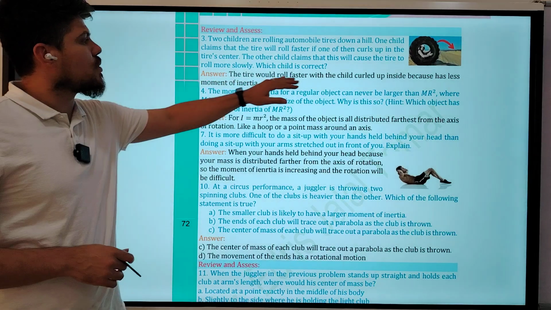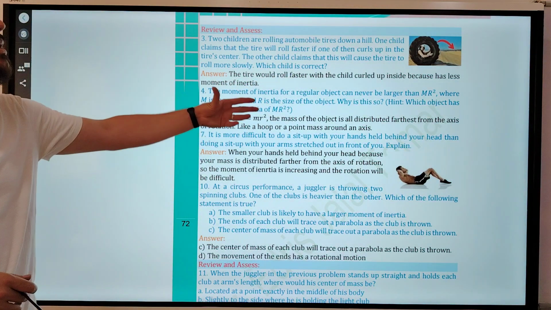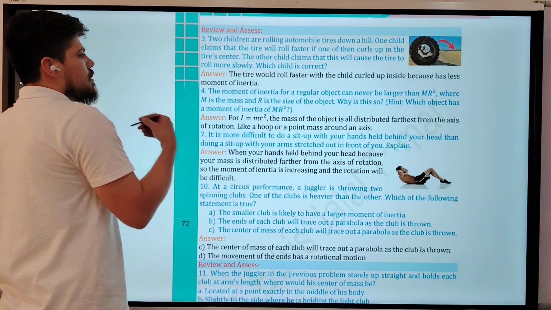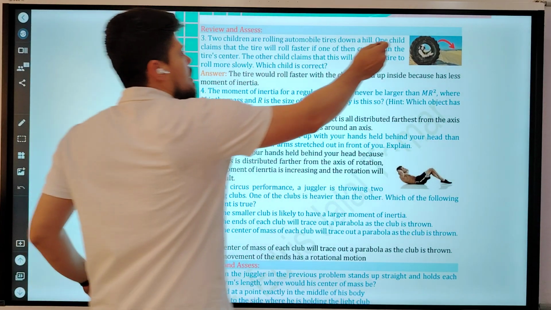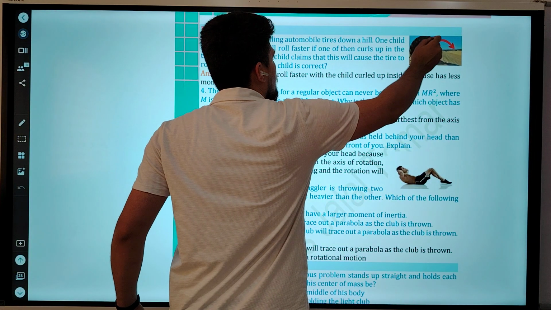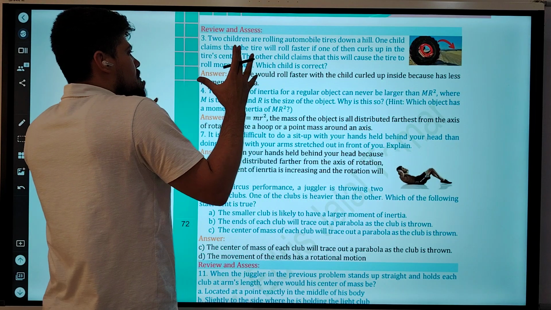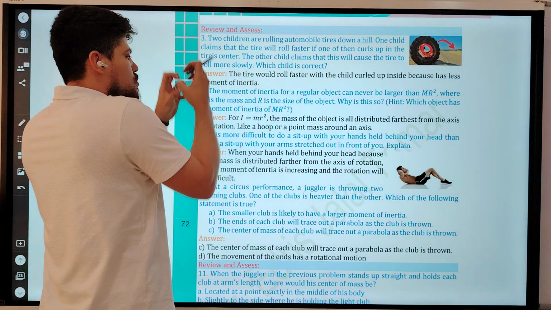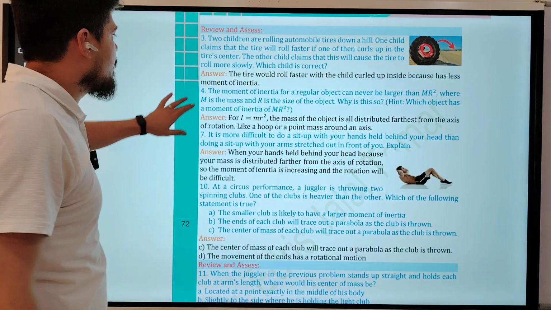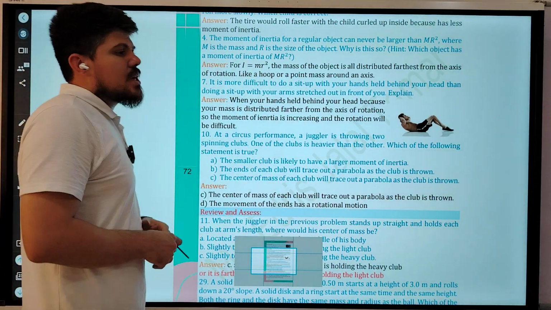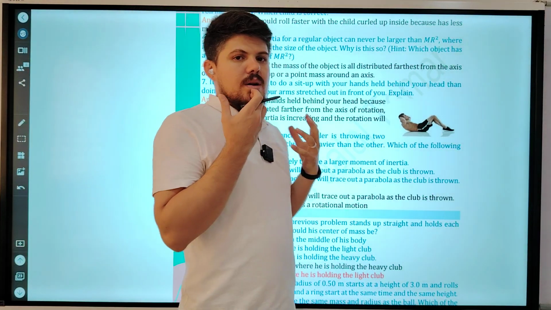So the tire would roll faster with the child curled up inside because it has less moment of inertia. Because the child distributes the mass close to the axis of rotation, the moment of inertia decreases. So the moment of inertia can never be larger than 1. Why?